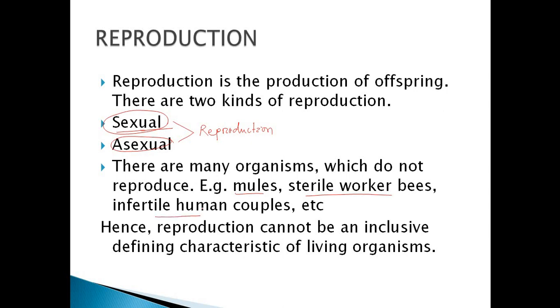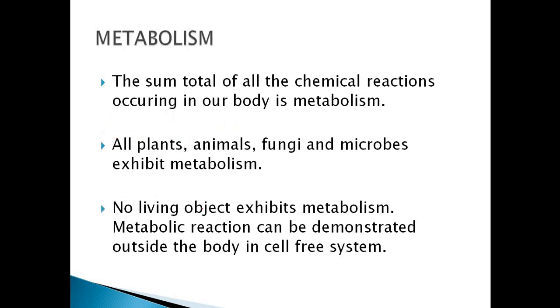They are incapable of reproduction. Hence reproduction cannot be an inclusive defining characteristic of living organisms. So reproduction is also not an inclusive character of living organisms, like growth, because reproduction is absent in some of the living organisms.